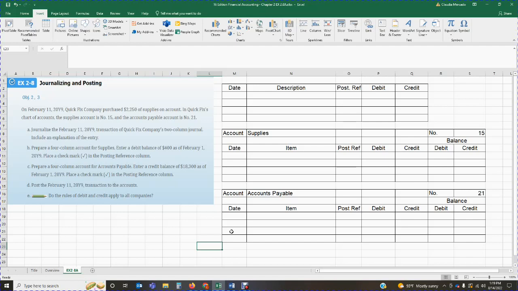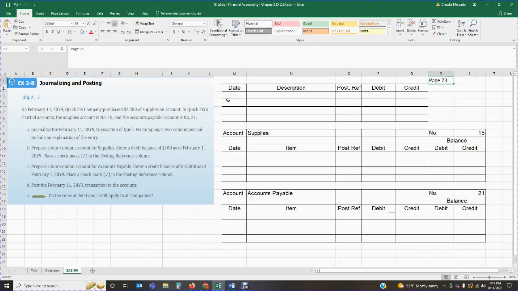Okay. The first thing we're going to do is we are going to record the transaction in the journal. Now I believe the information was provided where this is page 73. This is page 73 of the journal. So I've already created the journal.